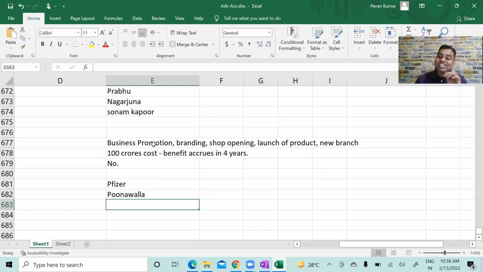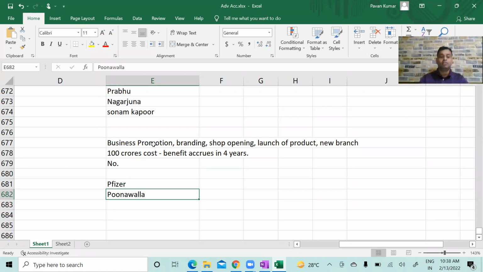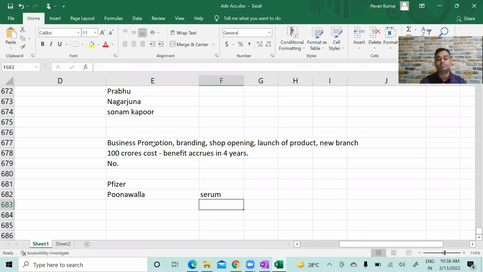No, I heard that tone itself. Fraud you are. Heard, sir, but I don't know who he is. Serum Technologies. Have you heard? Serum. No. Serum is vaccine manufacturing. In India, vaccine is manufactured by Serum Institute. Poonawala is the owner of that.